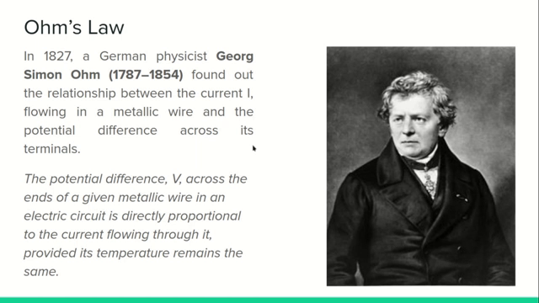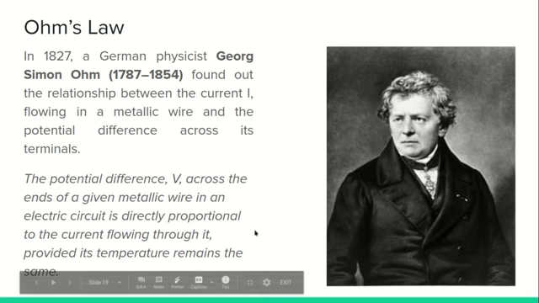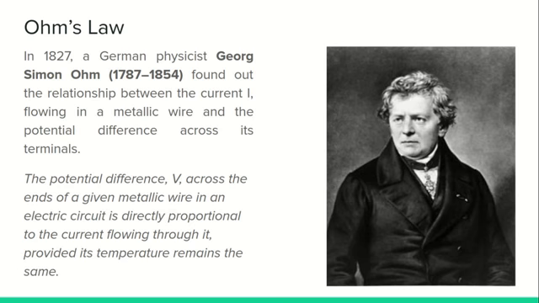According to him, the potential difference V across the ends of a metallic wire in an electric circuit is directly proportional to the current flowing through it, provided its temperature remains the same. So the condition here is the temperature should be the same. At that time, the potential difference and the current will be directly proportional to one another.